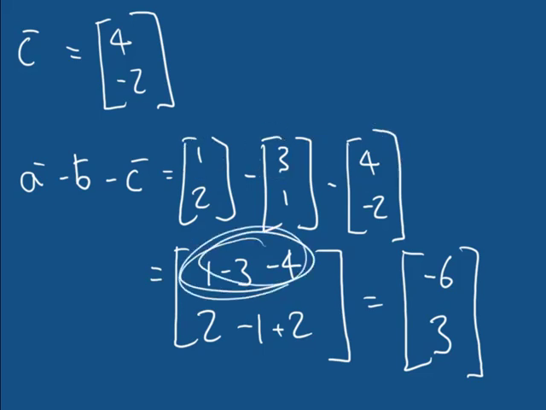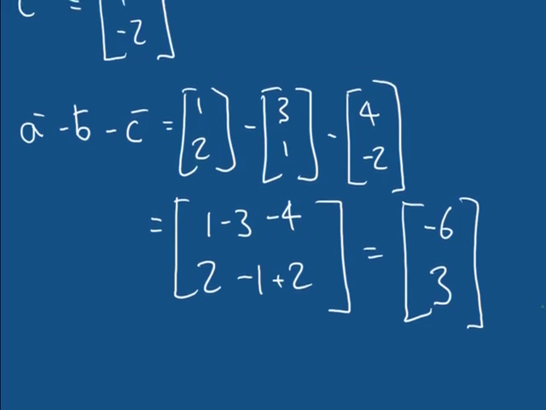So all the rules that you'd usually apply to numerical addition and subtraction obviously apply here, and that is to say we work from left to right. And that is important because we can add and subtract vectors in various combinations. We'll take a look at that in a second.